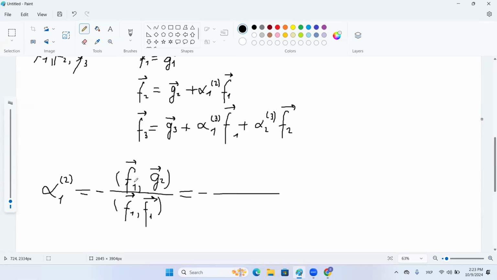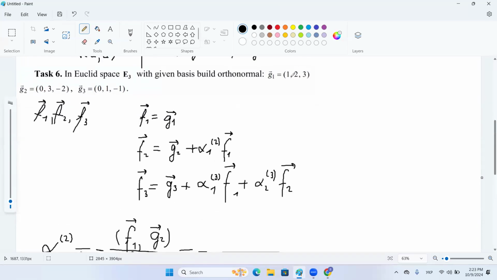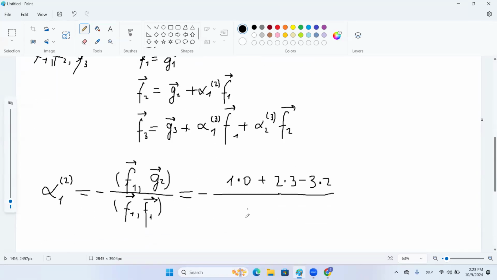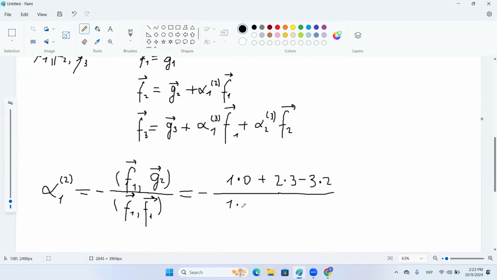So f1 by g2, so 1 by 0 plus 2 by 3 minus 3 by 2. And so 1 by 1 plus 2 by 2 plus 3 by 3.